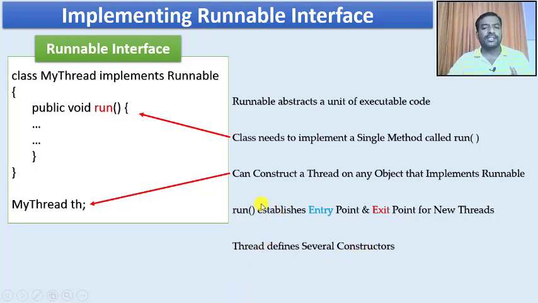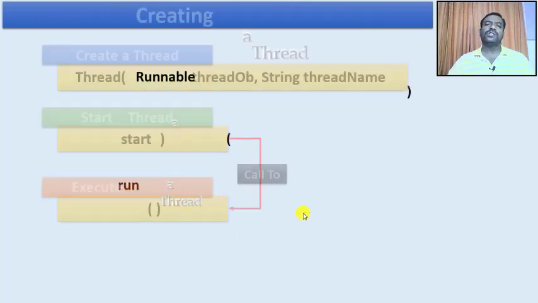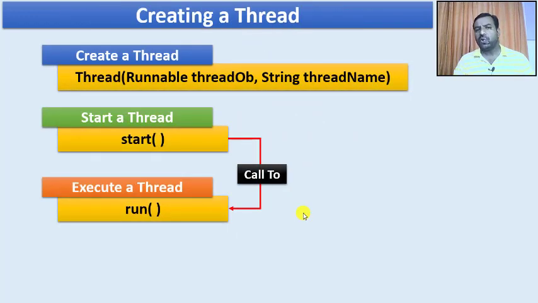Fine. And establishing or implementing Runnable, or creating a Runnable class, all this is going to be part of the Thread class. So now when I'm talking about the Runnable interface, I'm also referencing the class with the name Thread, and there is some sort of communication between these two. So now using Runnable, whenever you want to create a thread, the first job is to create the thread. And when you're creating a thread, I'm going to use the constructor.